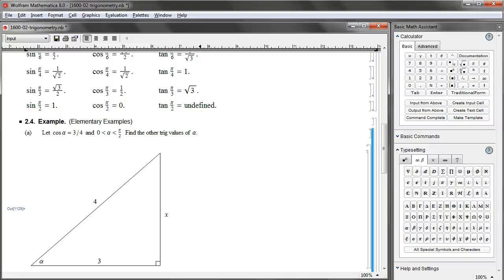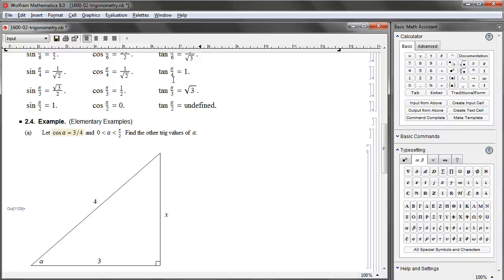Okay, we have that, and then we labeled hypotenuse as 4 and adjacent as 3. That's rather natural because cosine is defined by adjacent over hypotenuse, and that ratio is 3/4.